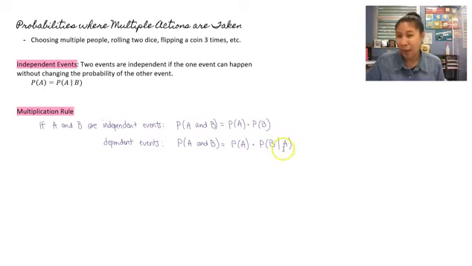Dependent means one affects the other, so if A already happened, then the probability of B would change, and when we multiply them together, we have to account for that change.